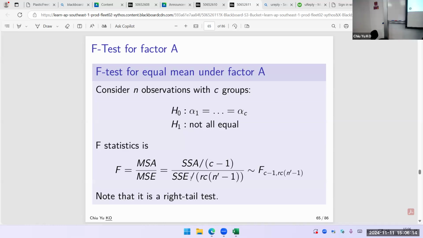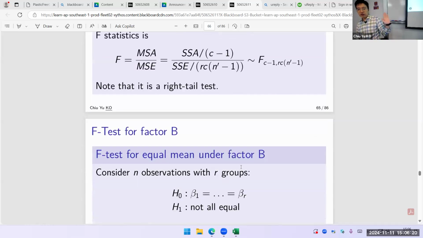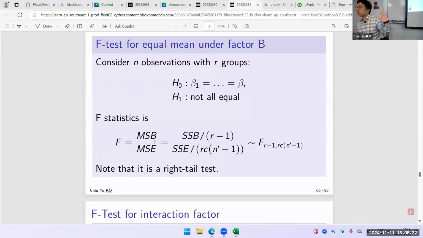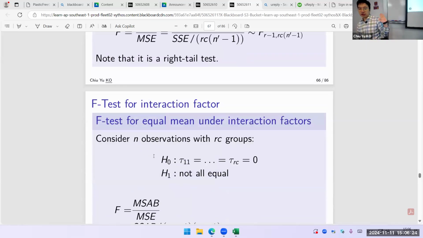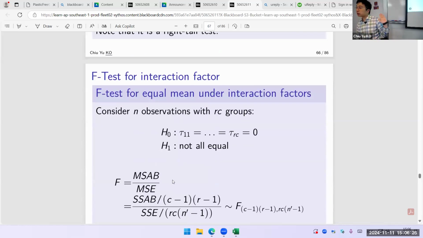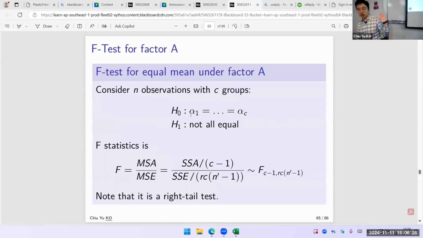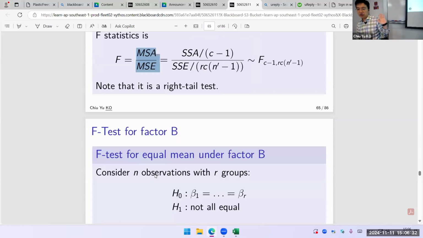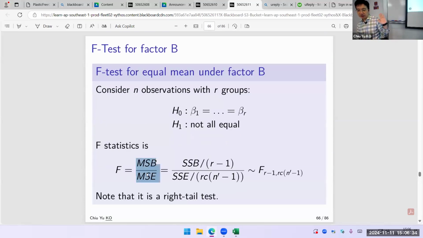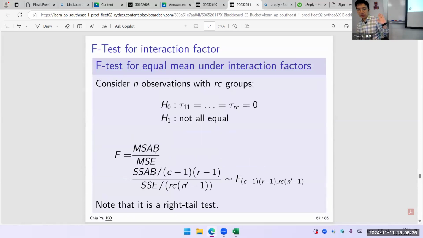So this is MSA over MSE. And if you look at B, it will be MSB over MSE. For AB it will be this one. So you want to see whether group A is the same, MSA over MSE. You look at whether B is the same, MSB over MSE. You look at the interaction with MSAB over MSE.